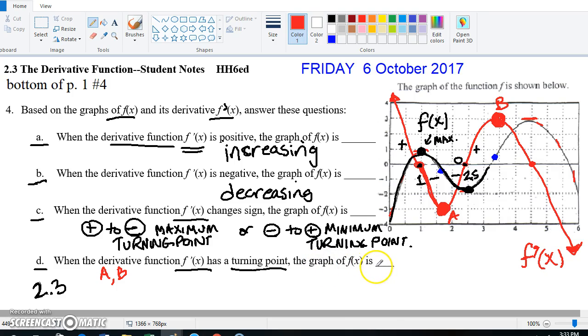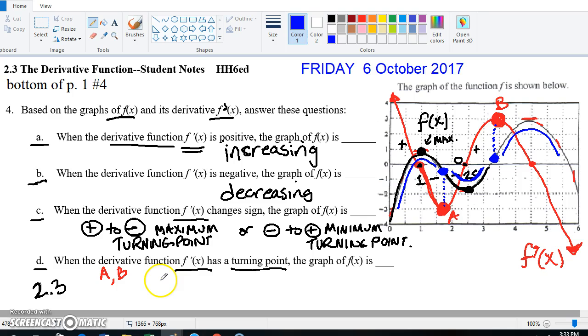What's happening on the graph of f of x at that point? Well, those points correspond to these blue points that I put on my graph. What's happening on the function? Those points are the place where my function changes from concave down to concave up, or concave up to concave down.